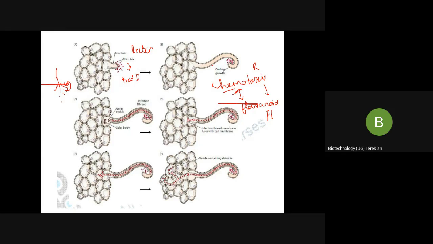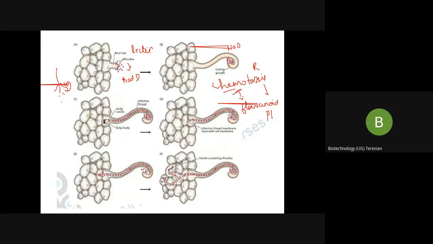In this picture B, this is the root hair. The NOD factors induce the curling of the root hair, which encloses the rhizobium. So the NOD factors curl the root hair such that it encloses the rhizobium.